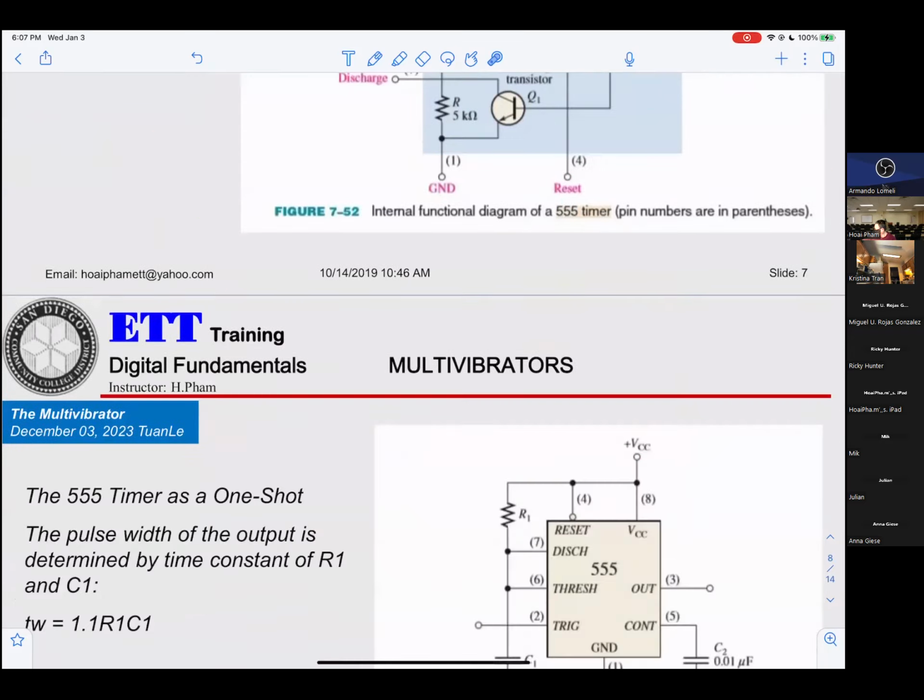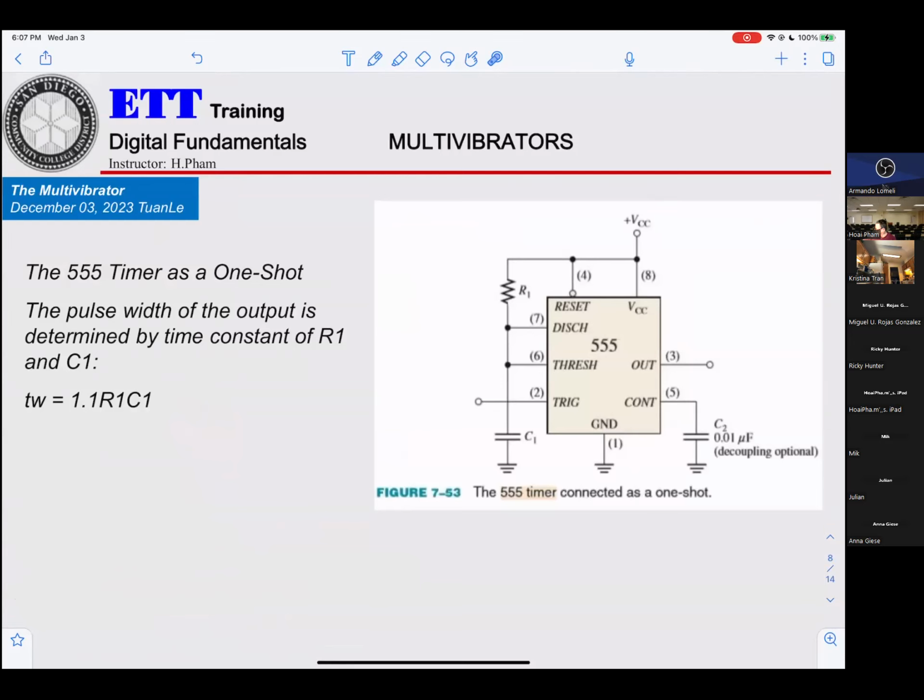Okay. Now let's see the 555 timer as a one-shot. The pulse width of the output is determined by the time constant of R1 and C1. That means the output coming out is one-shot.